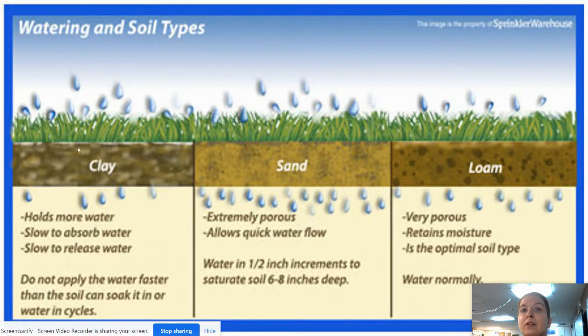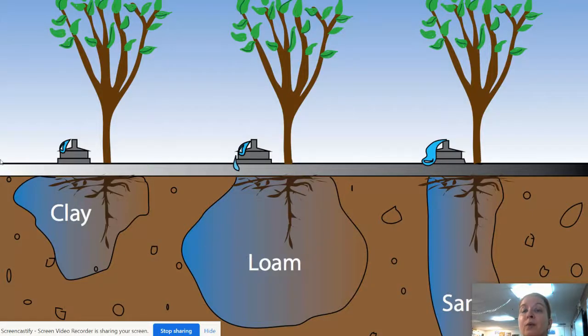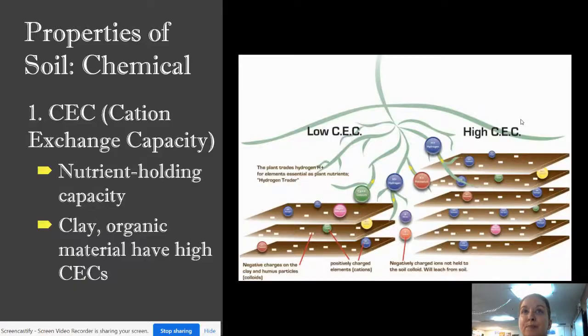So you need to do small amounts often, versus sand where you can just soak it for a while and then it'll be down in there. Loam is the optimal soil type, and you just water that normally. So once again, you need to make sure you water it enough so in dry times the plant has enough water, but if you water it too much, then the plant can get waterlogged, and then it's not getting oxygen where it needs to.